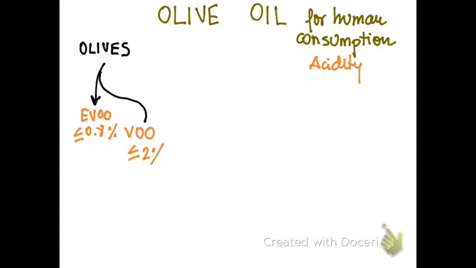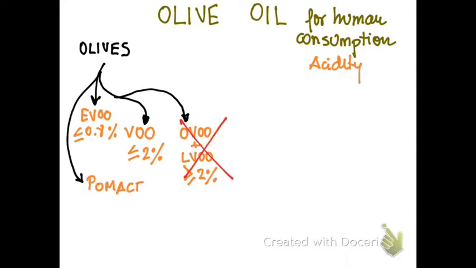Also, it's possible to obtain a second class, the virgin olive oil, when the acidity is lower than 2%. During this process, we also obtain ordinary virgin olive oil and lampante virgin olive oil. In this case, the acidity is higher than 2%, and for this reason they are not useful for human consumption.